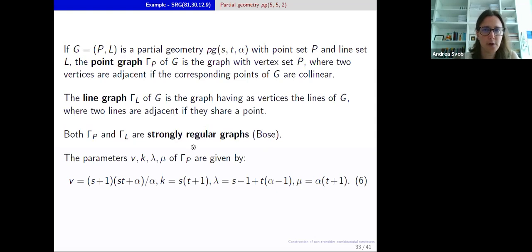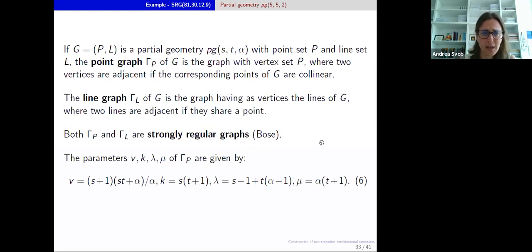Not just the point graph. You can also take a look at the graph having as vertices the lines of a partial geometry, where two lines are adjacent if they share a point. This graph will be called a line graph, and this graph is also a strongly regular graph.